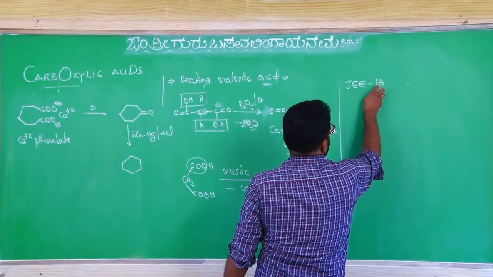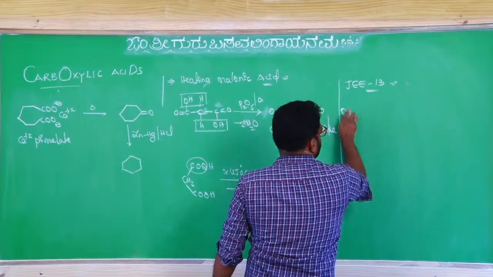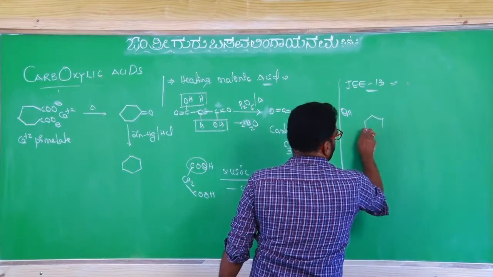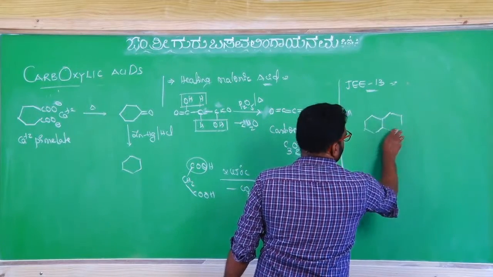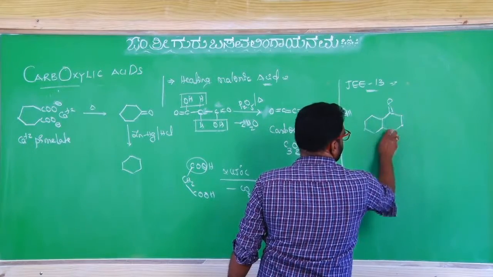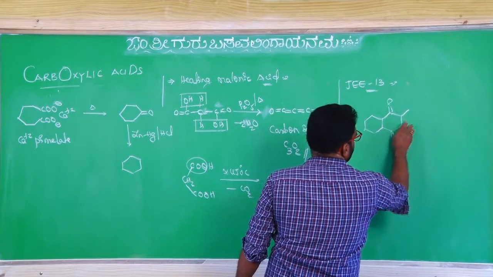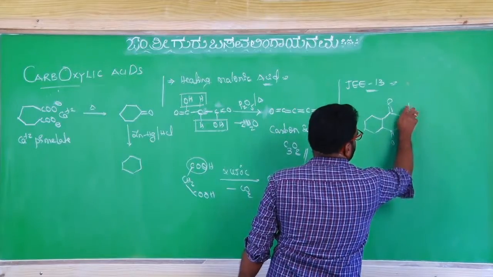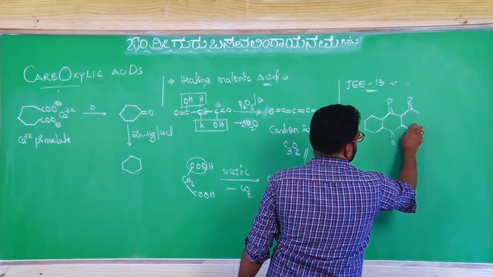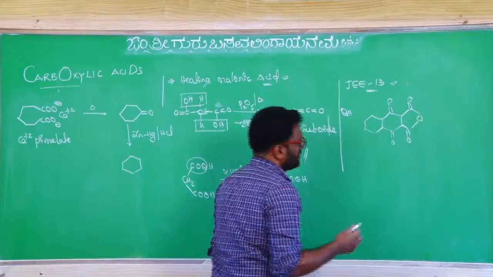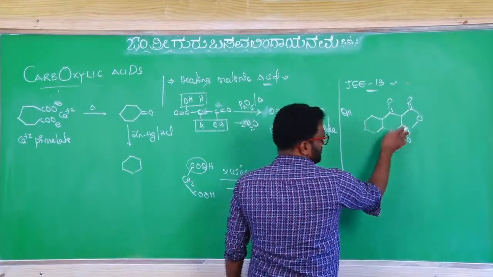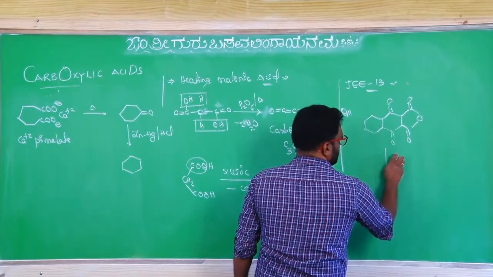So in JEE 2013 there was one question. Let me give the question: find the number of carboxylic acids. Here the reactant and conditions will be given.